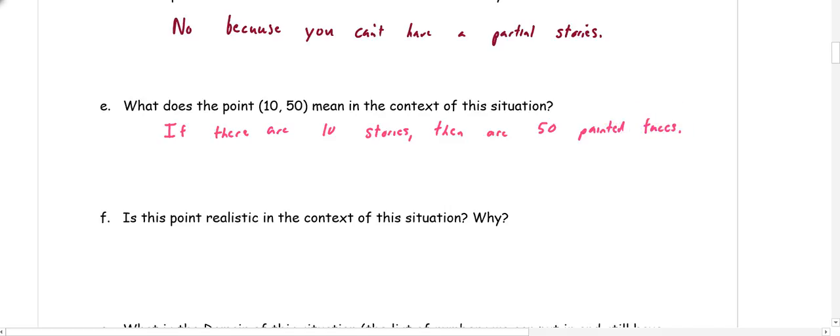So is this point realistic? Well, we can have 10 stories, so that part's realistic. Now we need to make sure it works in our equation. Remember our equation was 4 times the number of stories plus 1, which is 41, not 50. So this point is also not realistic. So we would say no because it is not a solution to the function.